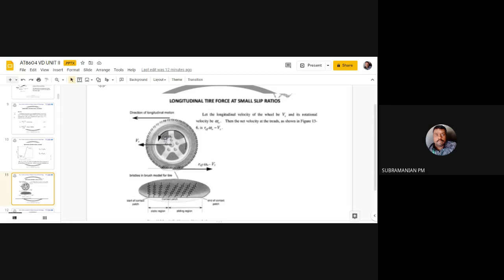Let me discuss this one. You can see we have a wheel running in this direction, that is, the vehicle motion is in this direction, and from the engine I get a rotating motion, which I calculate by R effective into omega, that is, the effective radius of the tire and the angular velocity of the wheel.